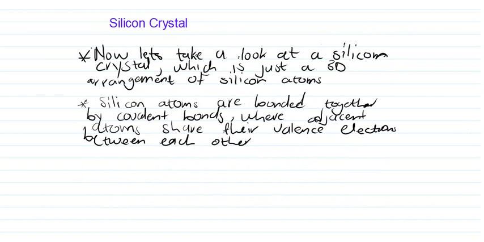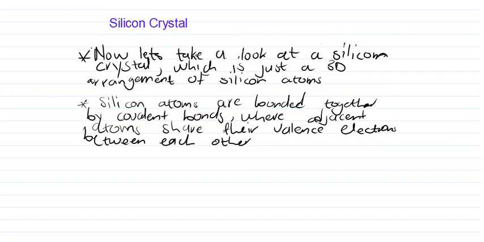Now, let's take a look at a silicon crystal. So a silicon crystal is just a solid of silicon, just like we have a copper wire. Now imagine we are looking at a silicon wire or a silicon solid. A silicon crystal is just a 3D arrangement of silicon atoms.